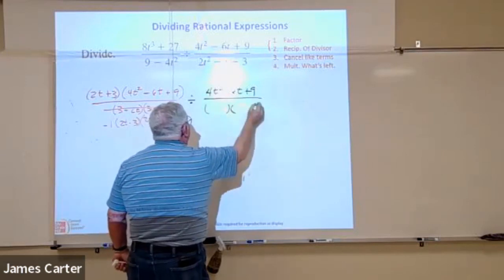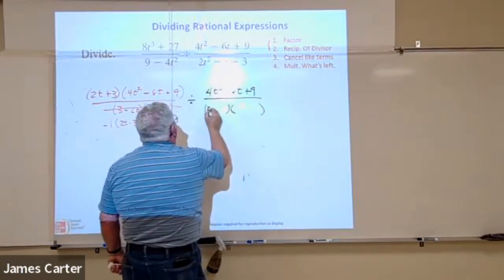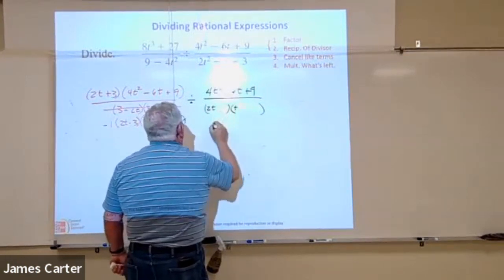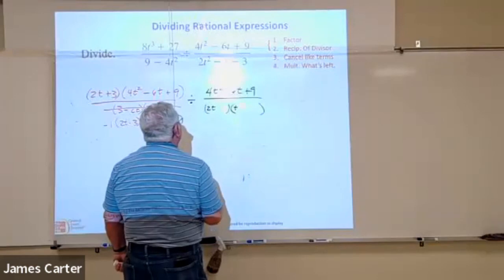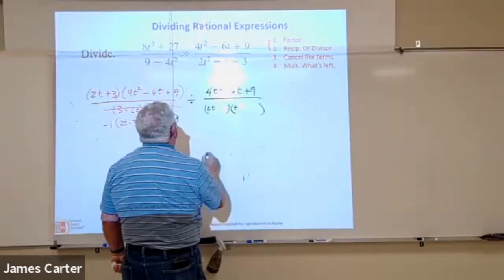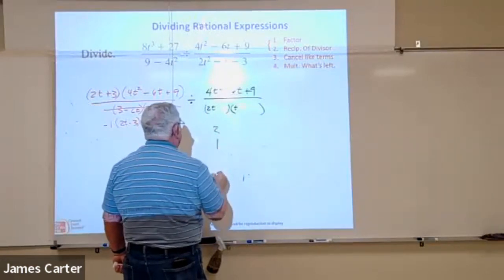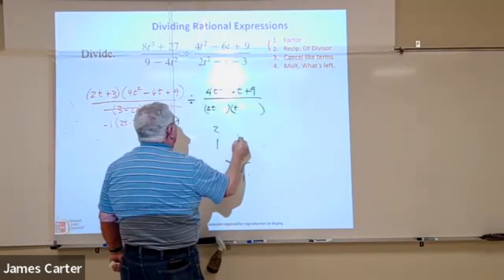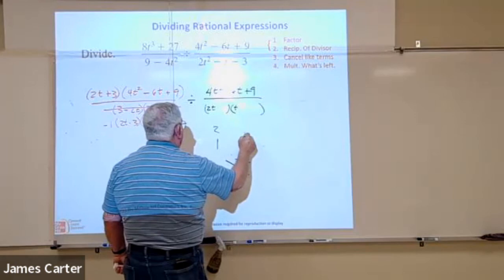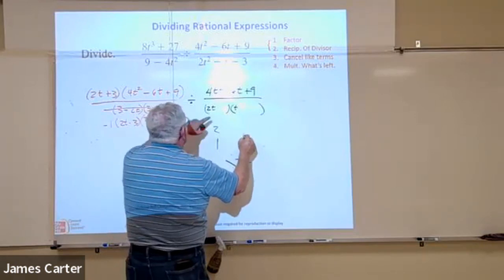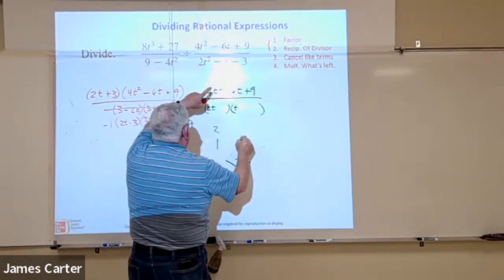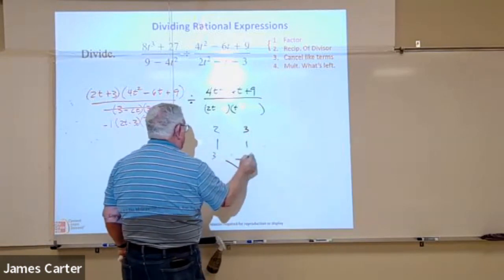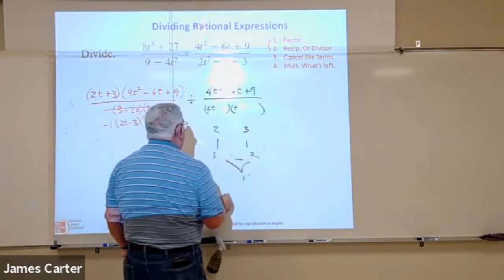Now this probably will. This will probably factor into 2t here, 1t there. One of these has got to be a plus, and one's got to be a minus, and one's got to be a 3, and one's got to be a 1. So I got a 2 and a 1 there. I'm going to subtract. I get a 3 and a 1 are my only choices. I need to have a difference of 1. So if I put the 3 here, the 1 there, I get a 3, I get a 2, I subtract them, I get a 1.